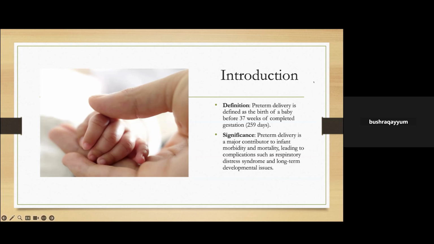Approximately 75% of preterm births are the result of spontaneous premature labor, while the remaining cases are due to intervention for maternal and fetal causes like preeclampsia, fetal growth restriction, maternal diabetes, placenta previa, or placental abruption.